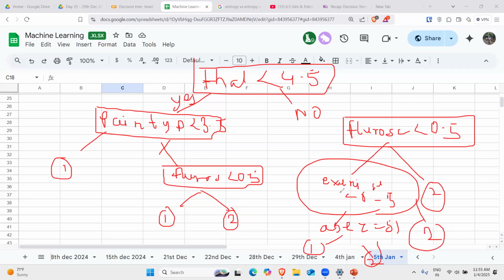Here also this is two. So basically your decision tree is like this, and you have to find which is the most informative feature as identified by the tree. Give me 10 seconds, I'll take out that figure for you so that you can easily visualize it, because my drawing is very poor.